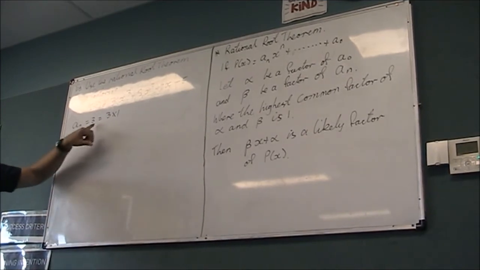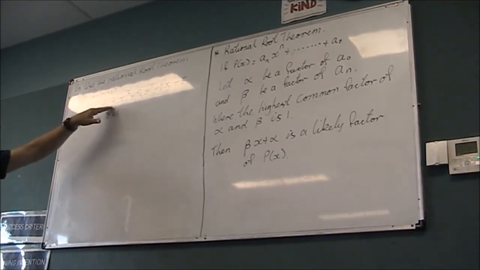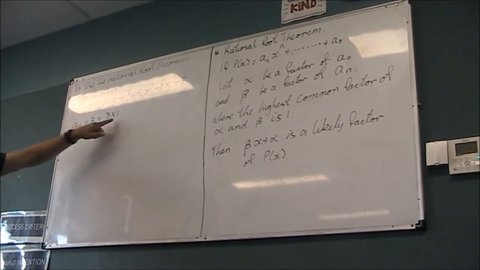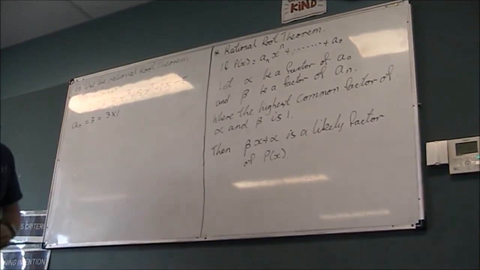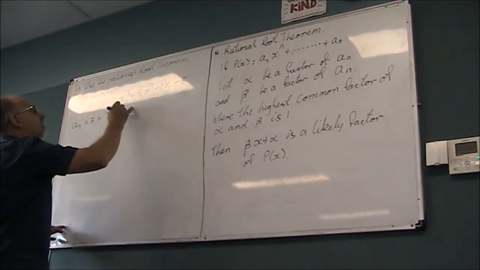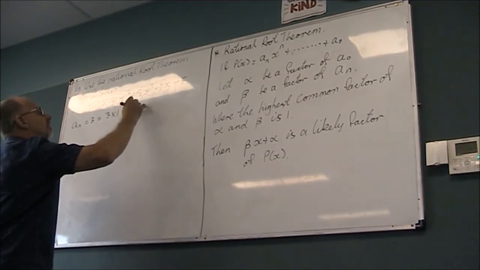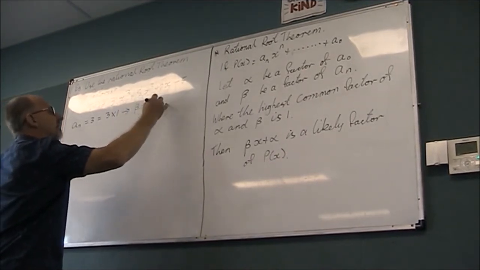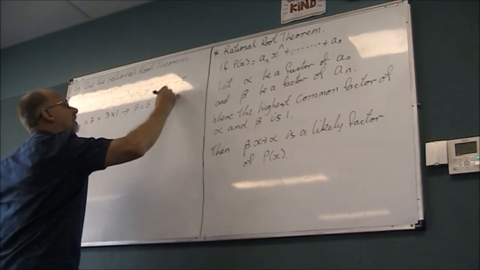Now, in this case with this first one, where one of the factors of this coefficient is 1, we don't really need to consider that one. All we really need to consider is the other one. So from this, beta equals 3 is all we need to consider.